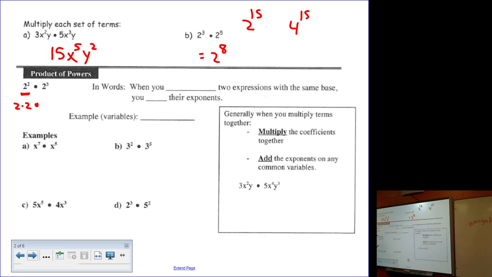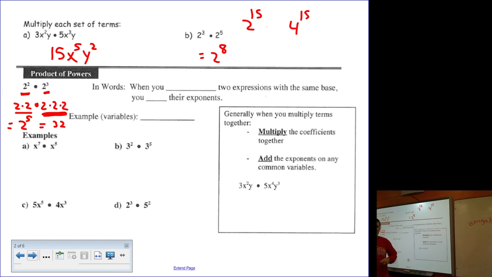And we know that 2 to the 3rd power is really equal to 2 times 2 times 2. So there's your 2 to the 2nd. And there's your 2 to the 3rd. And when you multiply all that together, what you actually get is 2 to the 5th. There are 5 2's being multiplied together. That would be in exponential notation. And then if you multiplied that out, it would equal 32.